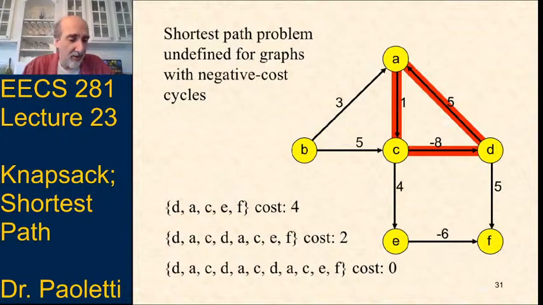So if I discovered that, hey, I would like to travel from here to San Francisco, but I found a route where I fly from here to Chicago, then fly to Toledo, and then fly back to Detroit, and on the leg from Chicago to Toledo they hand me $800 for getting on the flight, and it only costs me $600 to fly from here to Chicago and Toledo to Detroit.